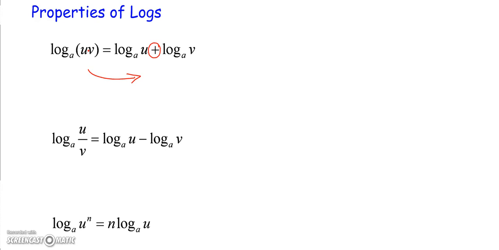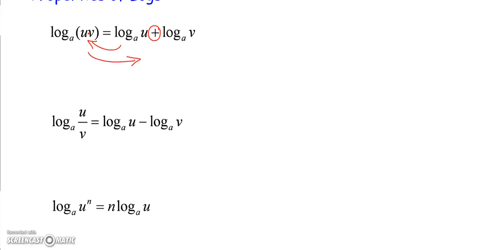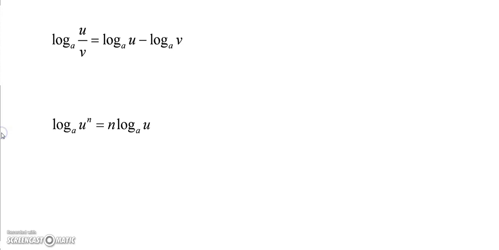And if you're taking a sum of two logs and writing it as a product, that's called a contraction or condensing. If it works for multiplication, it also works for division. The log of a division problem is the same as a subtraction of those two logs. And again, if you have a subtraction of two logs, you could change it to one division problem.